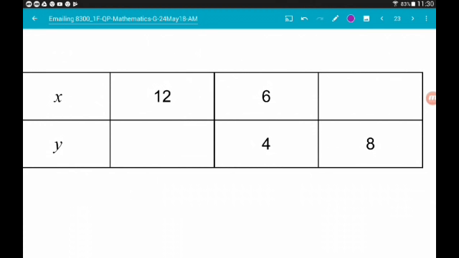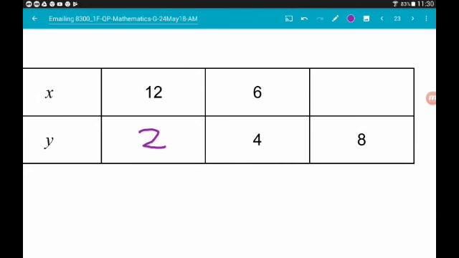So 4 divided by 2 is 2. And then to get from a y value of 4 to a y value of 8, we've multiplied by 2. So to get the x value, we're going to do 6 divided by 2, which is 3.